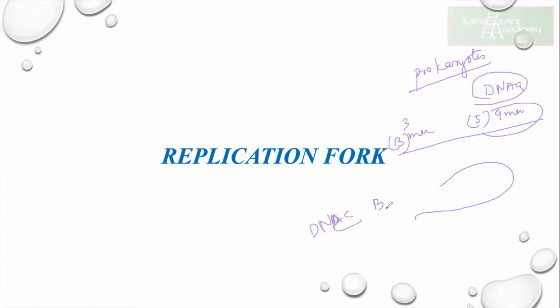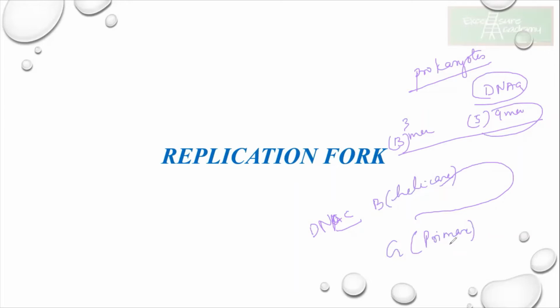DnaB is the one that unwinds the DNA. Then primase, the DnaG, creates the RNA primers. To keep the strands from re-annealing, SSB proteins are also there.